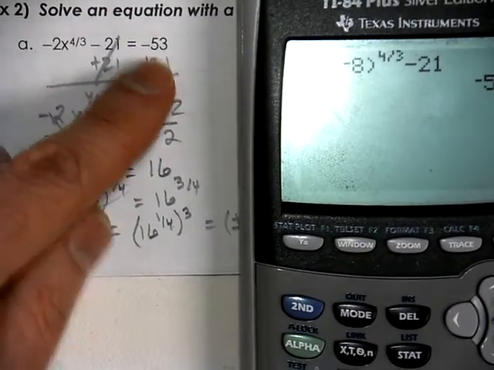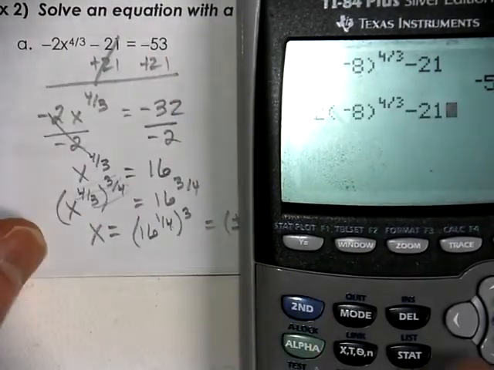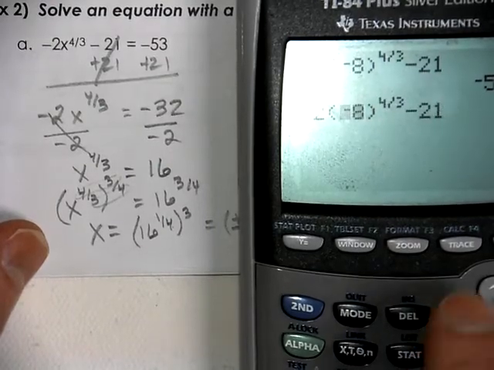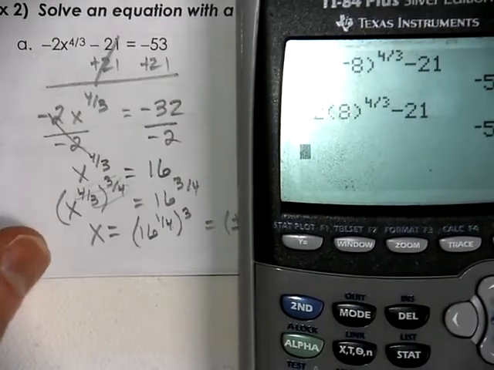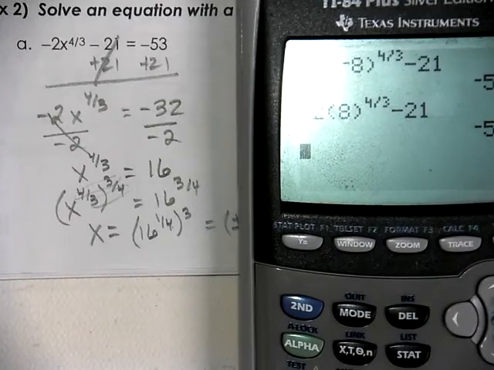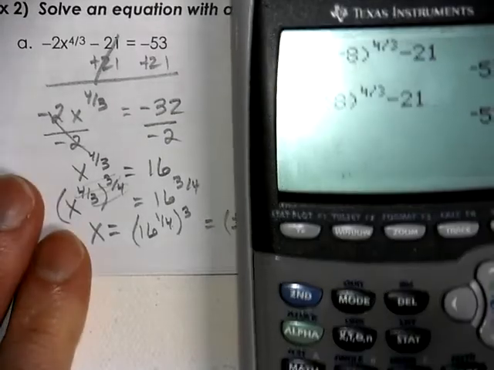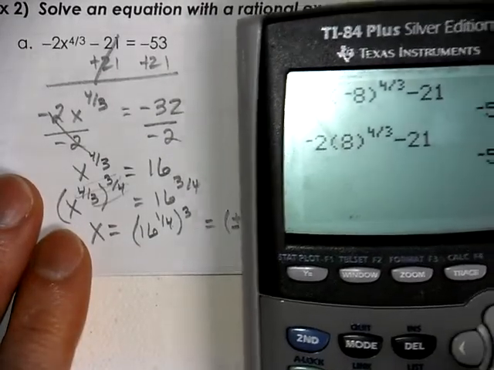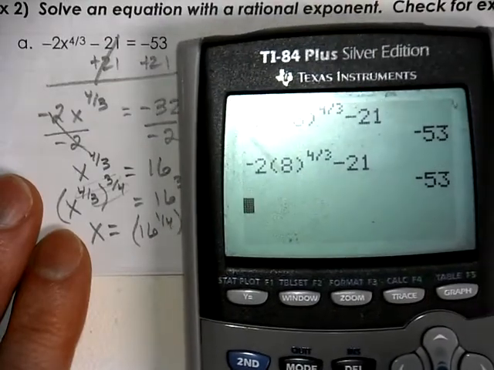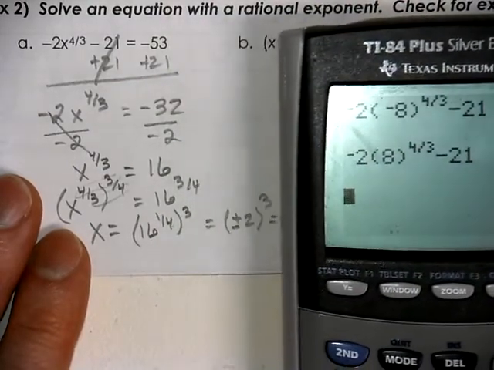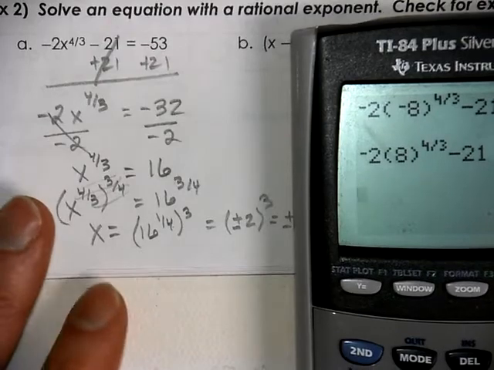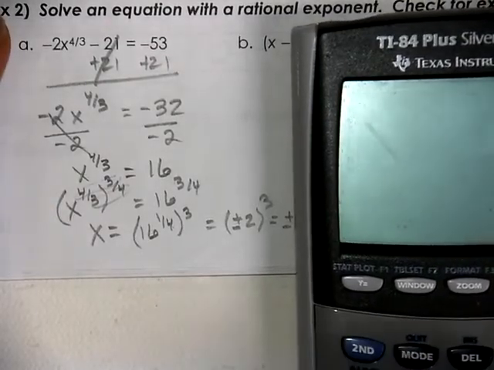That gave us the negative 53. Or if we plug it in as a positive 8, we also get negative 53. So you can plug in your values to check your work to see how you did. At least in your homework, you know your calculator is available to you.